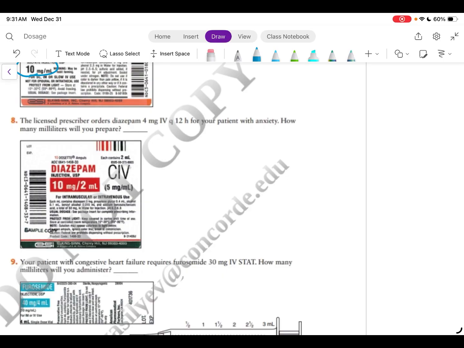Number 8, your order is 4 milligrams of diazepam. You're looking again for how many milliliters. Again, this label gives you 2 options. You could use the one in the red box, 10 milligrams over 2, or the one right next to it that says 5 milligrams over 1. I usually prefer the simpler one because there's less math involved. So I'm going to do X mL.